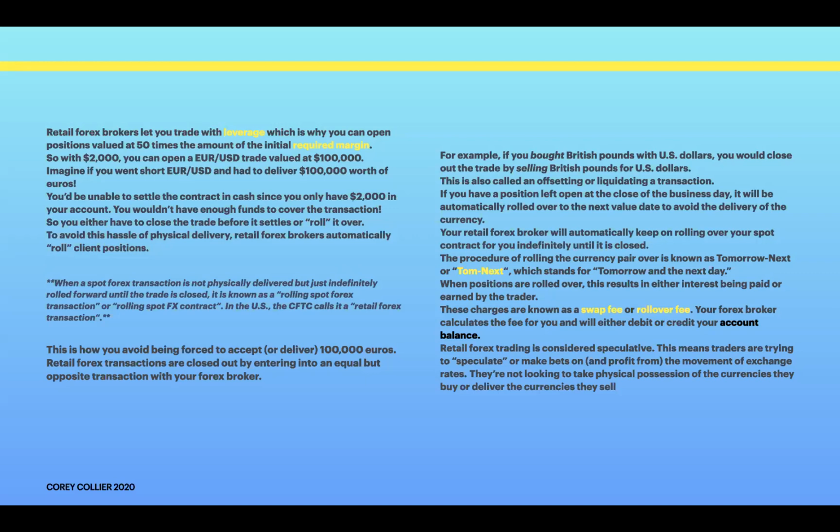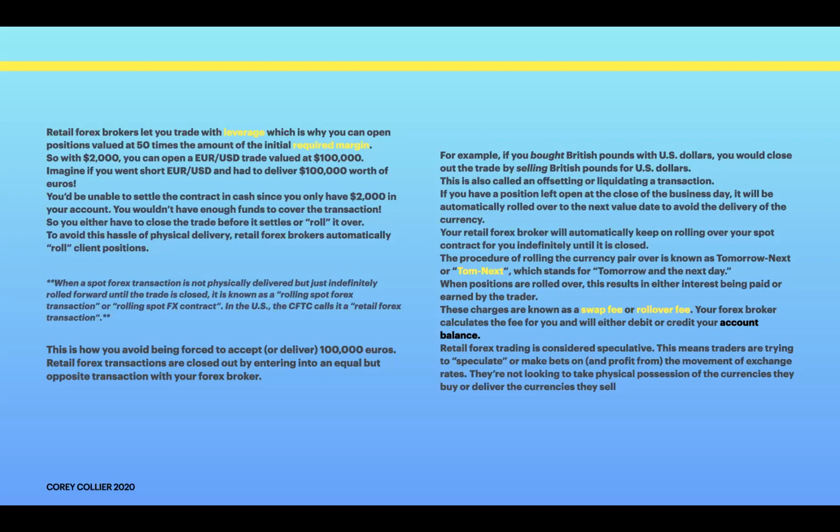The reason why it's called a retail Forex transaction is because it's illegal. I don't know how to explain it too much, but it's illegal to call a rolling spot Forex contract that in the United States. So that's why it's called a retail Forex transaction.